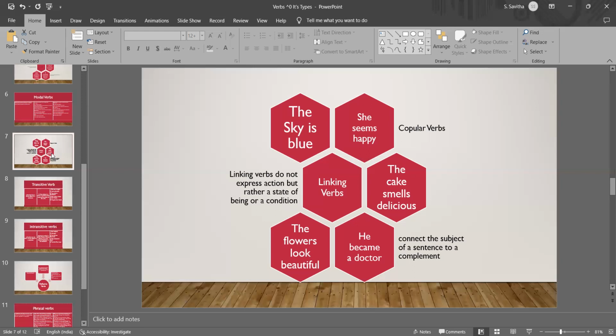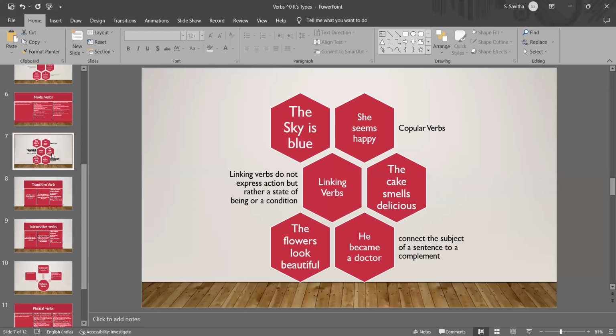Look at the third example. The cake smells delicious. Here in the sentence, smells is a linking verb. This connects the subject cake to the complement delicious, which describes the cake's state of being. He became a doctor.